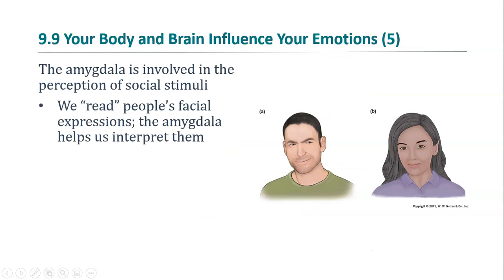They also have a difficult time detecting emotions by reading other people's faces. For example, people with damage to the amygdala can't tell which of these two figures looks more trustworthy. And so our ability to learn about the environment and read other people's emotions depends on the amygdala as well.